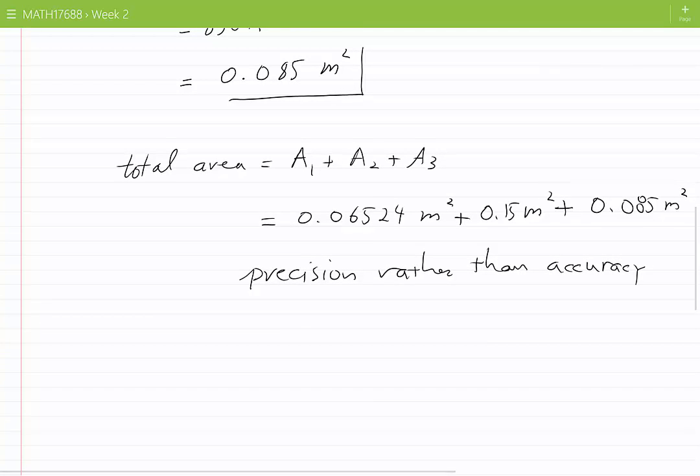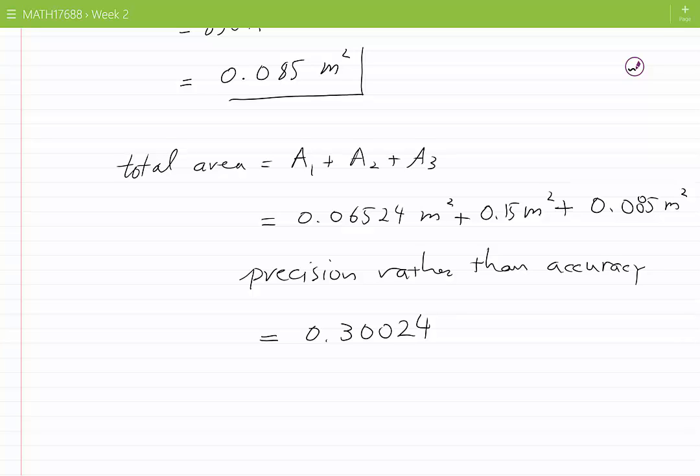If you add these numbers together, you would get 0.30024, and we know that not all of the decimal places are reliable.